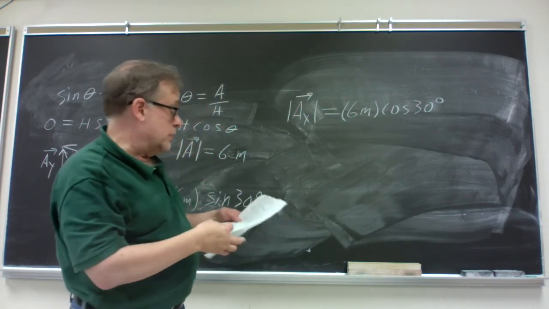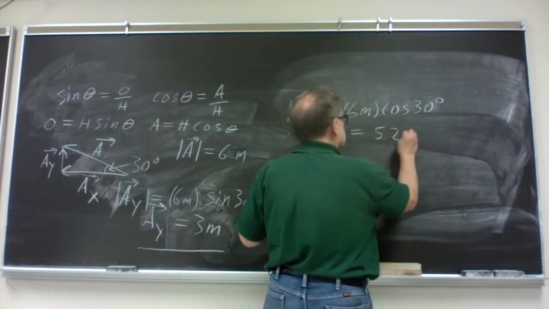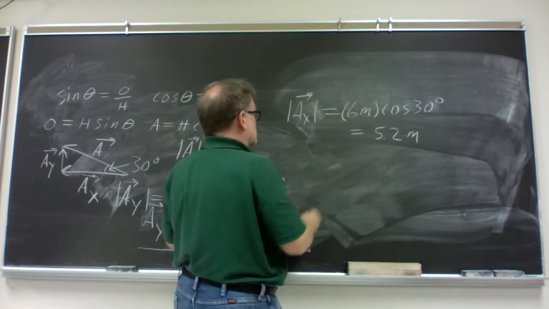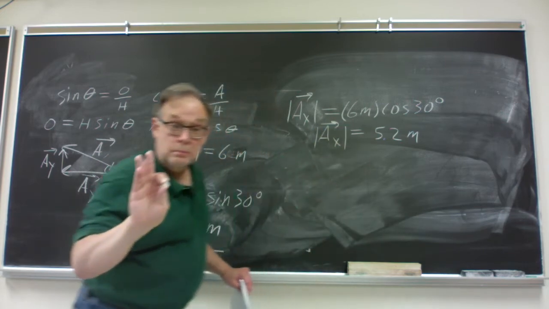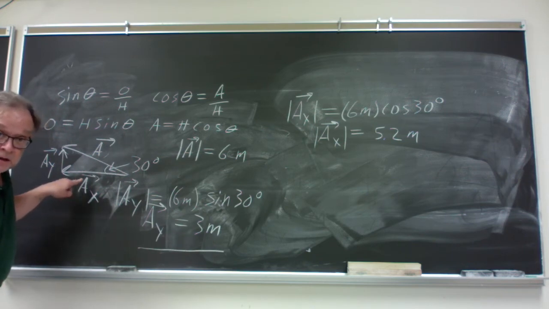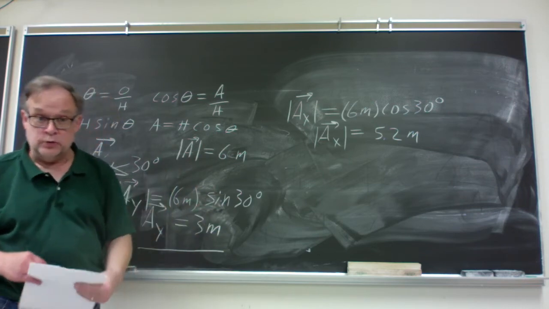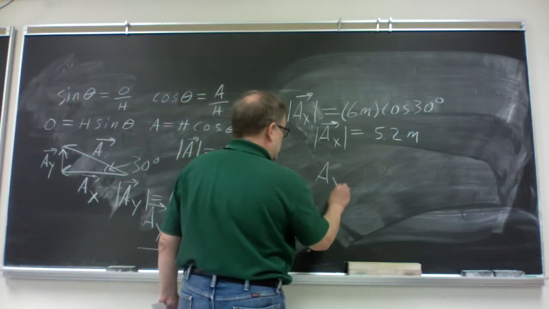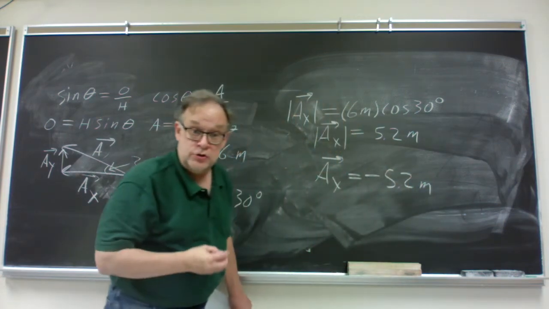So that times 6 meters gives you about 5.2 meters for the magnitude of the x component, but the x component of vector A is pointing in the negative x direction. So this is a vector that has a magnitude of 5.2 meters, but the vector itself, pointing in the negative direction as it does, we have to say, is minus 5.2 meters.